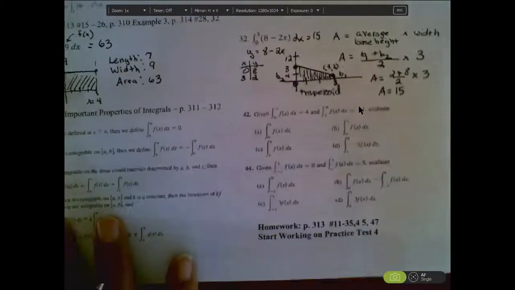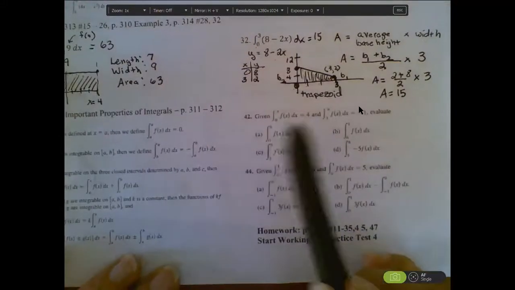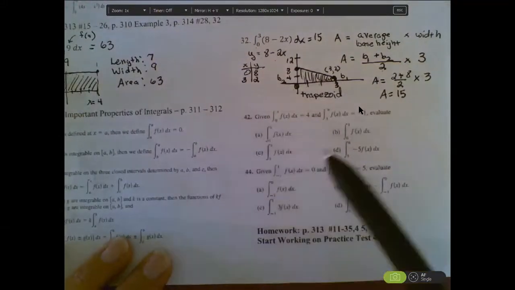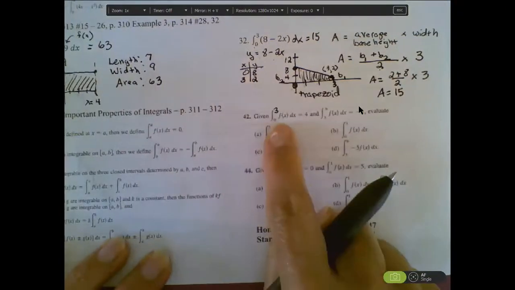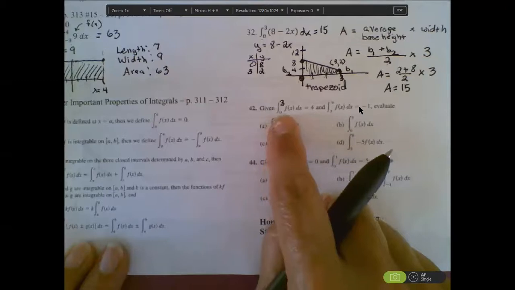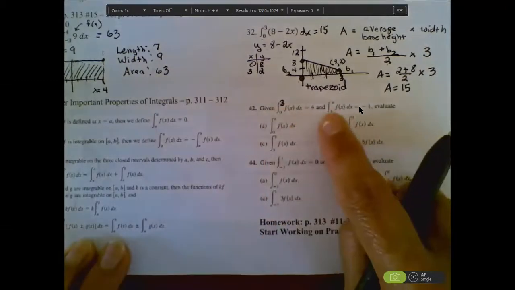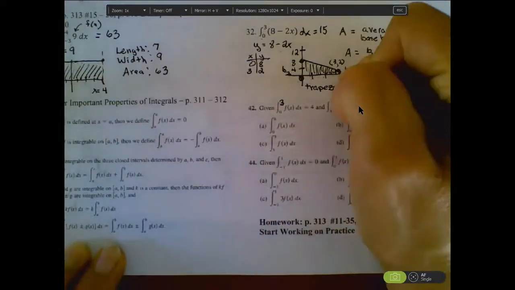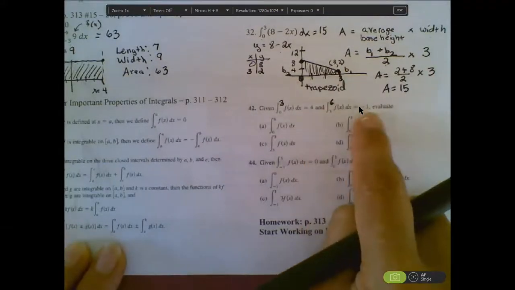So the last problems give us two things. Number 42 gives us the integral from 0 to 3 of some function. I don't know what the function is, but the definite integral from 0 to 3 is 4. And the definite integral from 3 to 6 is -1.